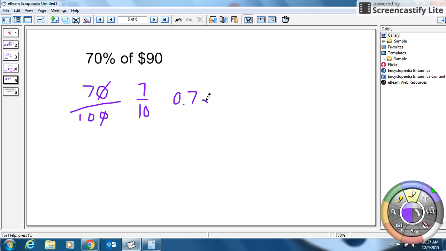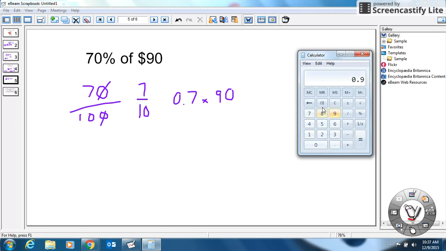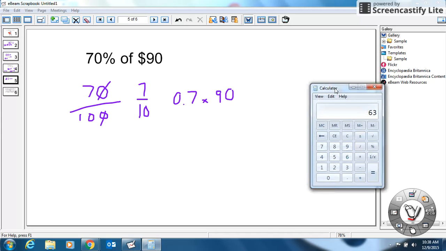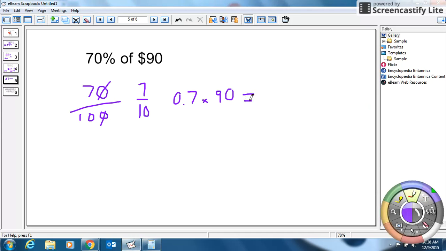Now I multiply that by 90. 0.7 times 90 is equal to 63. So on a $90 bill, you would tip $63. Wow, that is a great tip. Your server would be very happy. There you go, a second scenario that we would use this in.